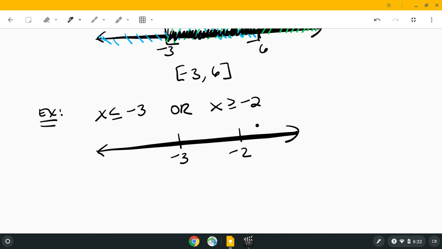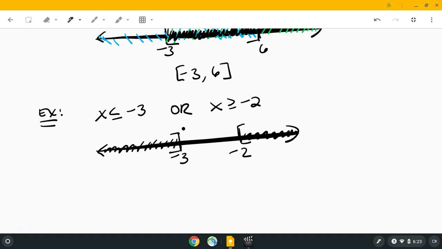I'll do this one first. X is less than or equal to -3, so we have this here, and less than or equal is that way. And now I will do this one. X is greater than or equal to -2, so that's a bracket, and it's everything this way.